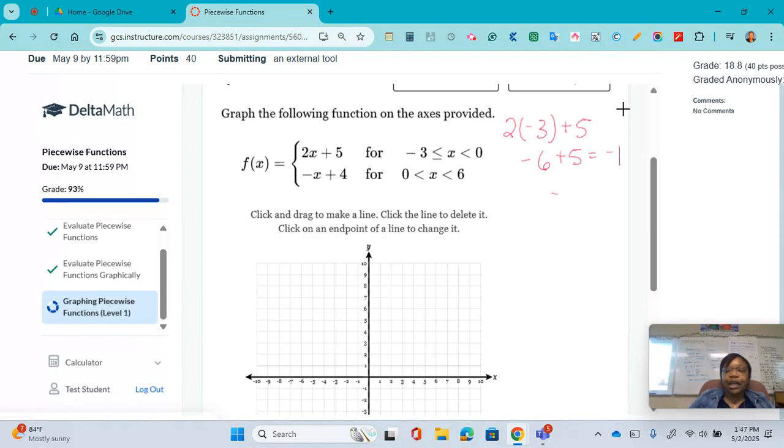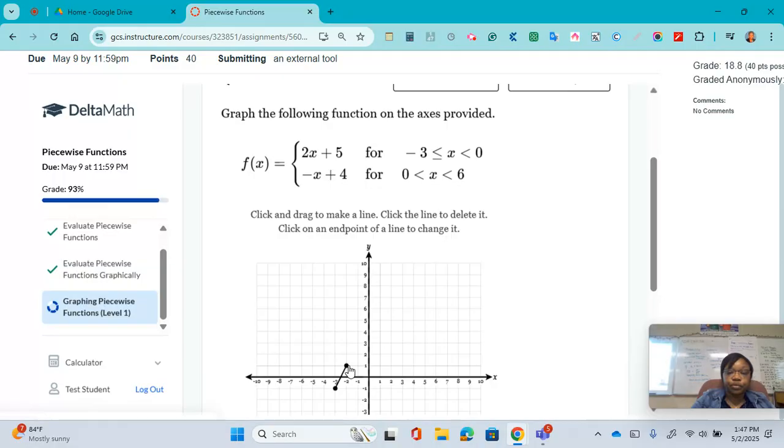I plugged in a -3 and I got out a -1. That is my first coordinate, so I'm going to start at -3, -1. The slope is 2, so I'm going to go up 2 and over 1. And it says that is all the way up to where my x is 0.